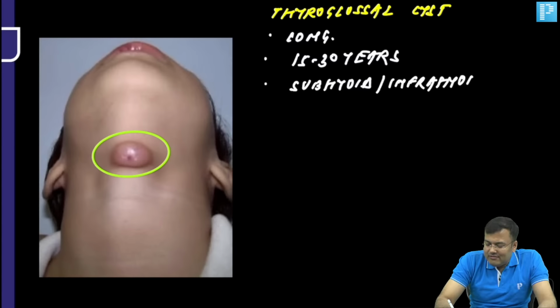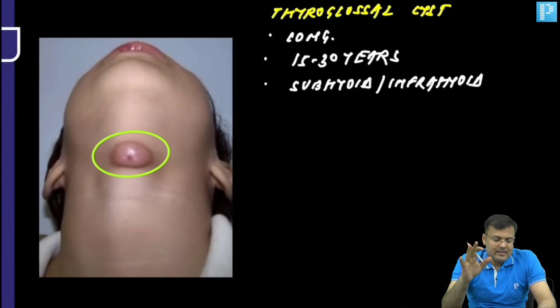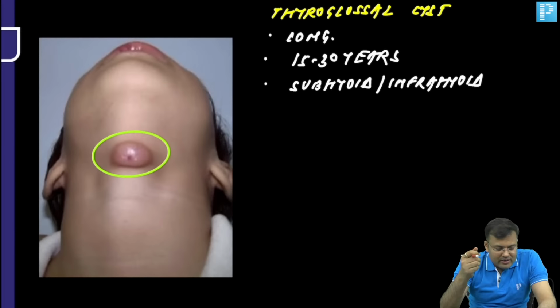Next question. There is one malignancy which can be seen in thyroglossal cyst. Tell me which malignancy. Guys, tell me which malignancy in thyroglossal cyst. Very good, everybody is correct.